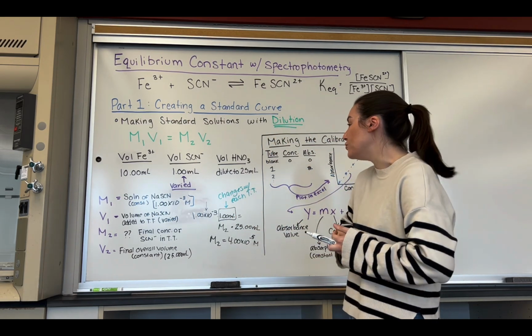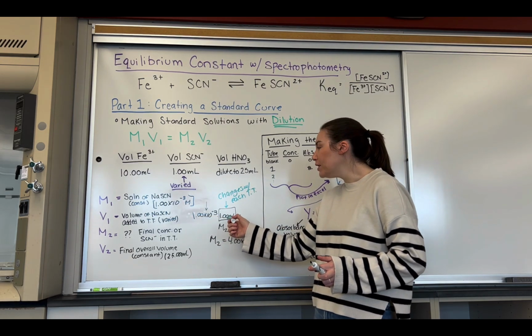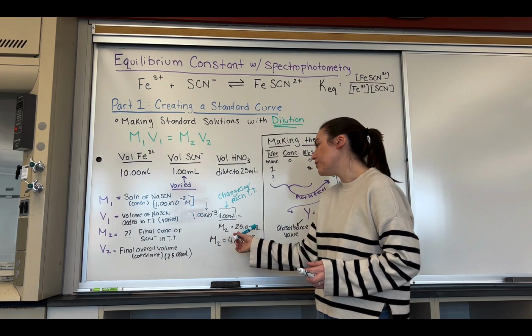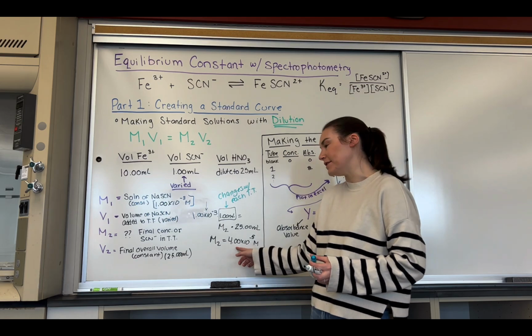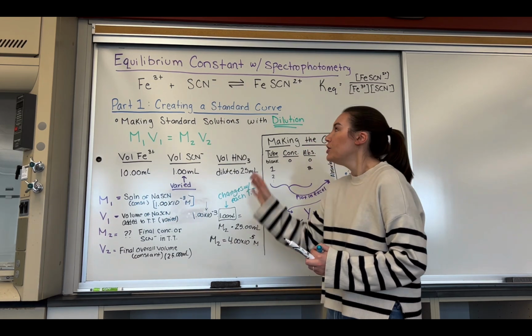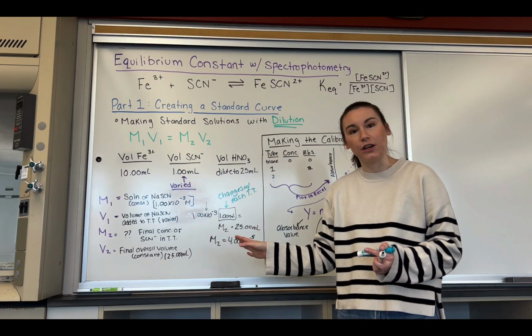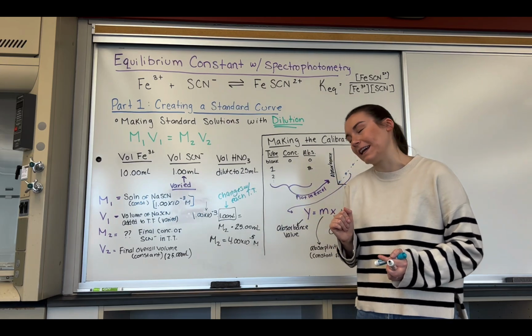So when you go on to do test tube number 2, it'll then be whatever concentration times 2 milliliters is equal to M2 times 25 milliliters. So none of these other numbers will change except for this initial volume. Then obviously M2 will change because of that. Okay, so that's the first part of part 1, is just making these solutions and finding those concentrations using our dilution, which I'll show you how we do here in a second.